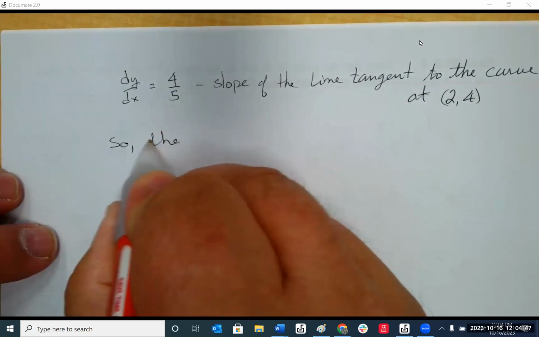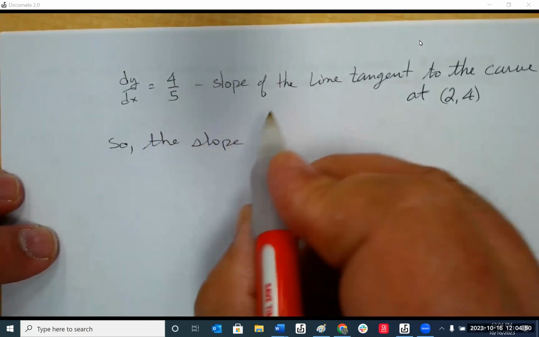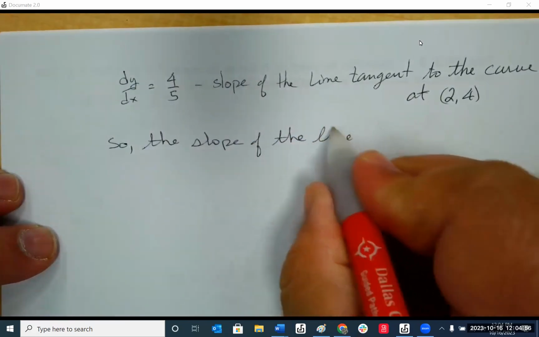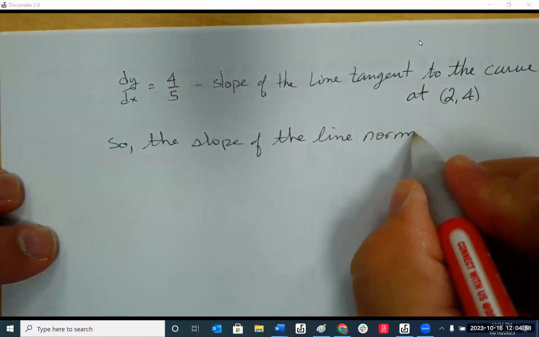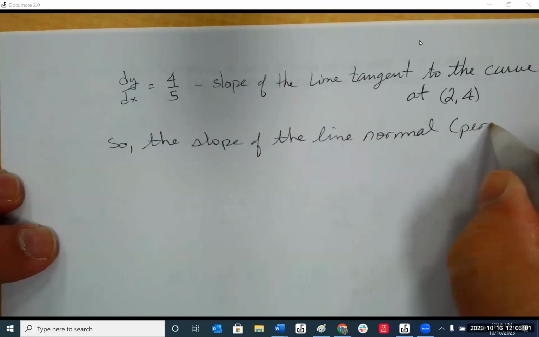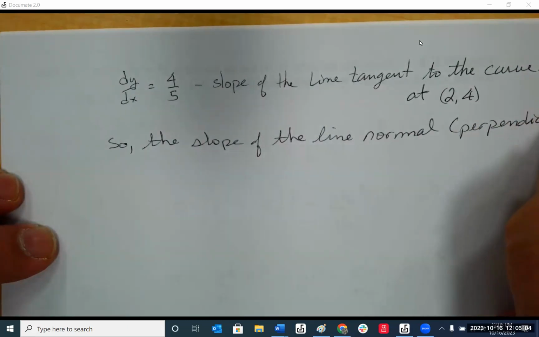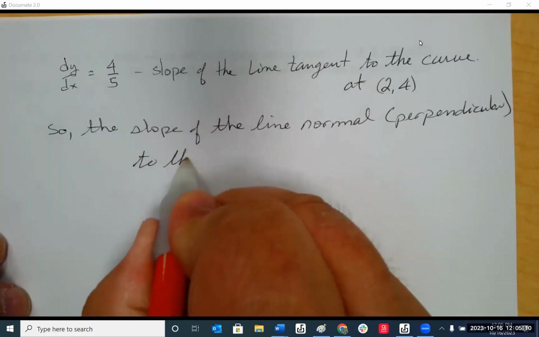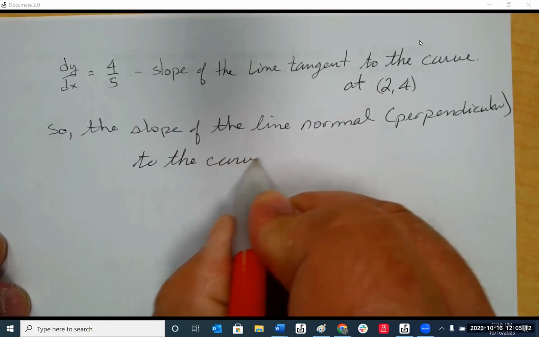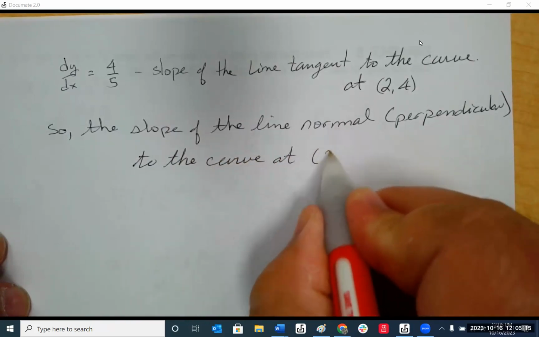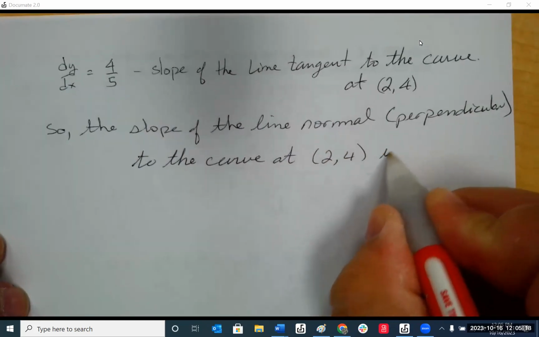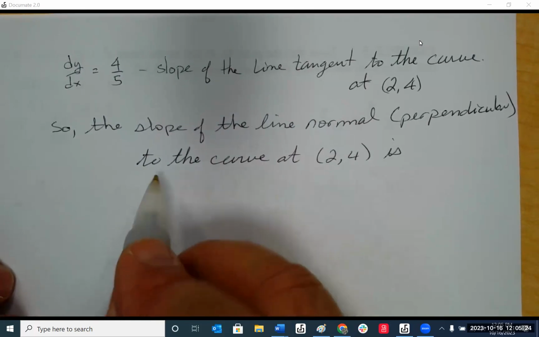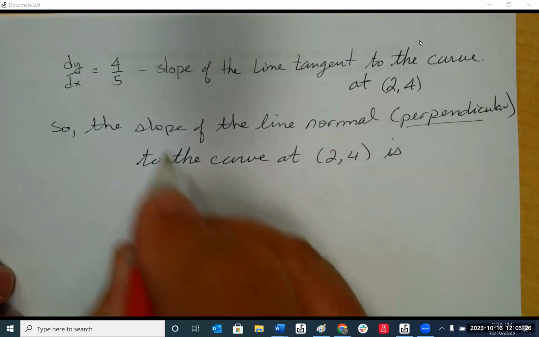So the slope of the line normal or perpendicular to the curve at 2, 4 is the negative reciprocal.